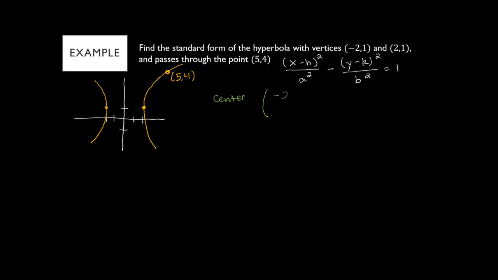So we have our x values 2 and -2. And then our y values are 1, both of them. And so when you do this, you get 0, 1 as the location of our center.